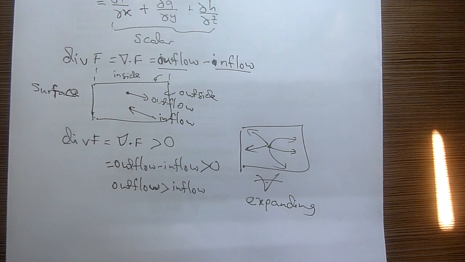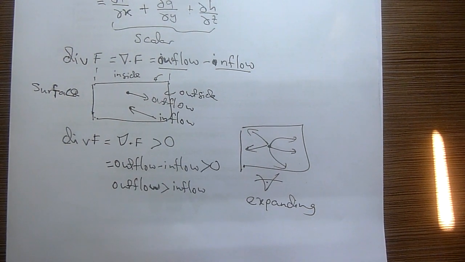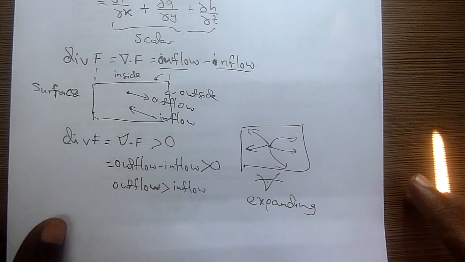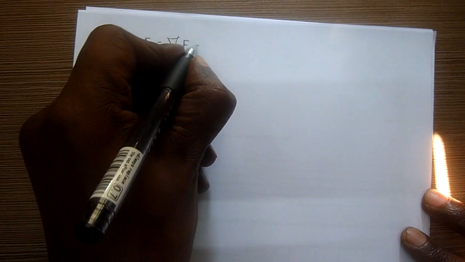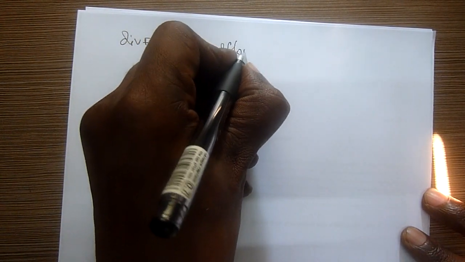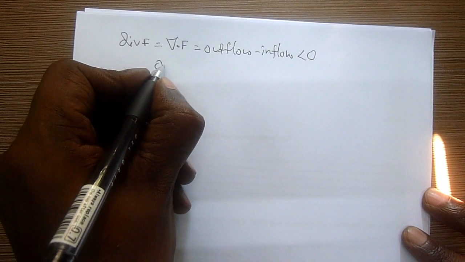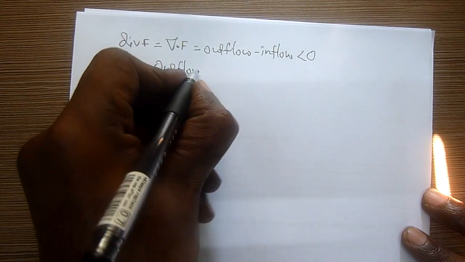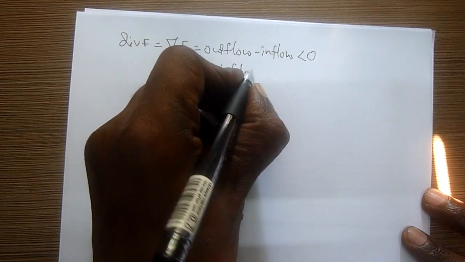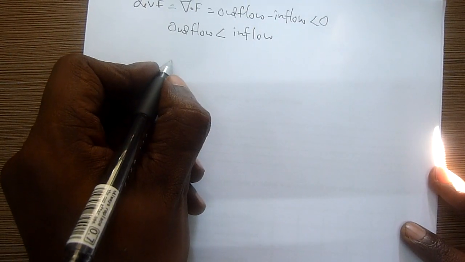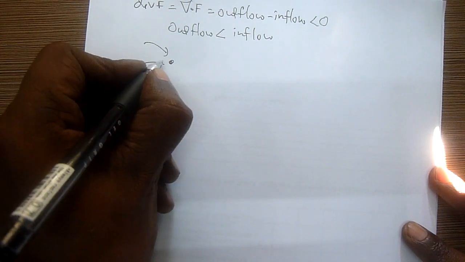Similarly, when we observe the other case, div f, which equals del dot f, outflow minus inflow less than 0, where the outflow is less than inflow, we can imagine this as the water going inside.